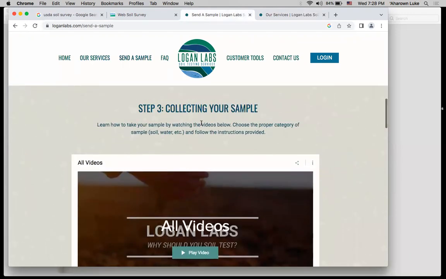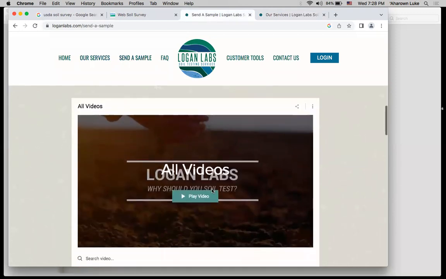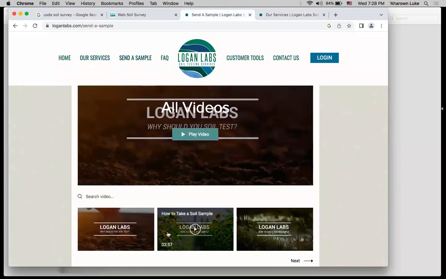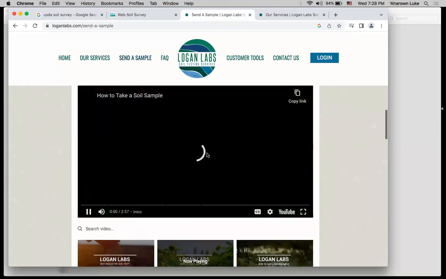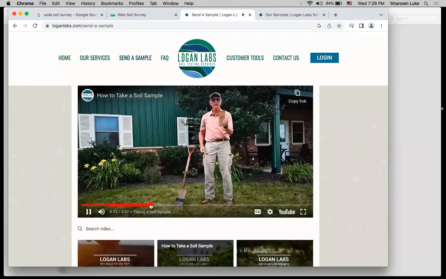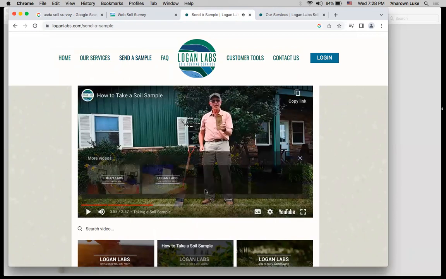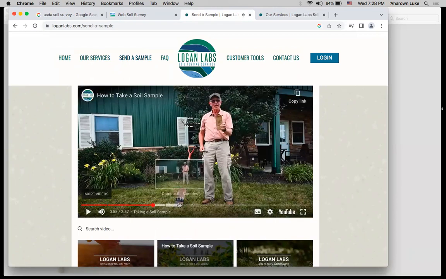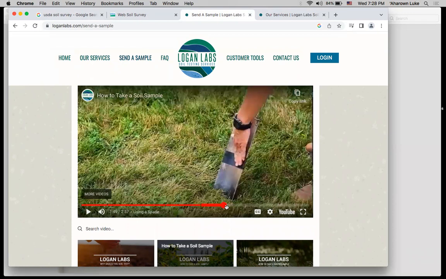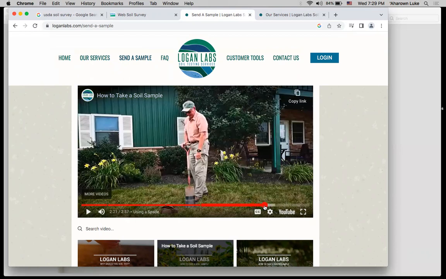And this is the bit on collecting your sample. It tells you in this video how to take a soil sample, how to use a shovel, and you can put it in a freezer bag. Can you see how he has this little black tape on here? That's 6 inches deep. He does a slice in the soil, and then a back cut right here.